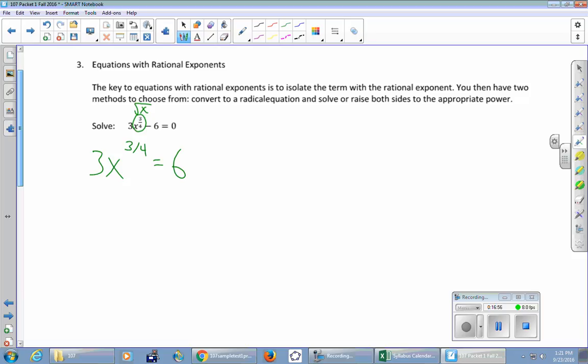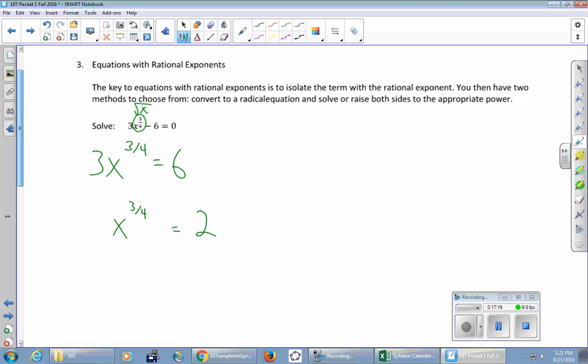And then we can divide both sides by the 3. X to the 3/4 equals 2. Okay, so we have isolated the x to the 3/4.